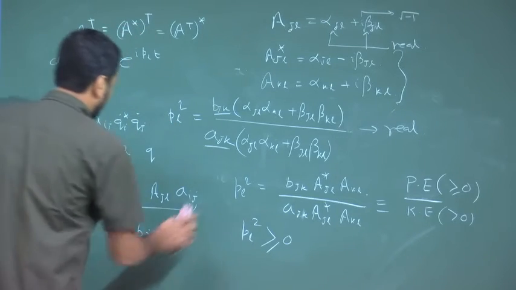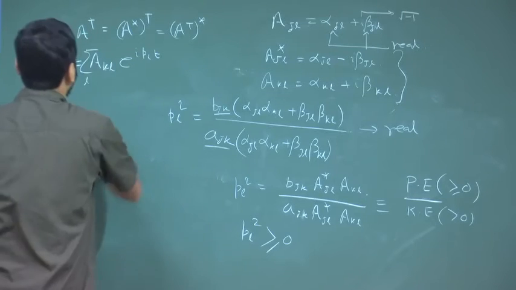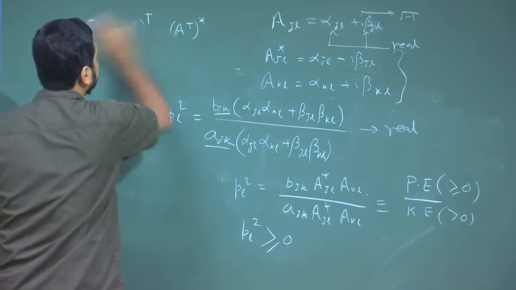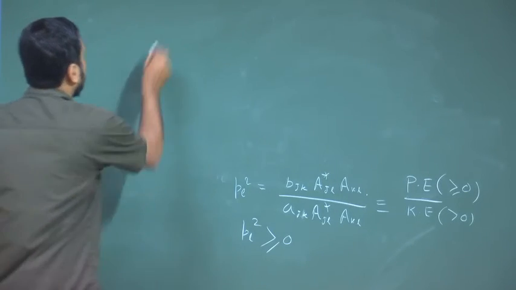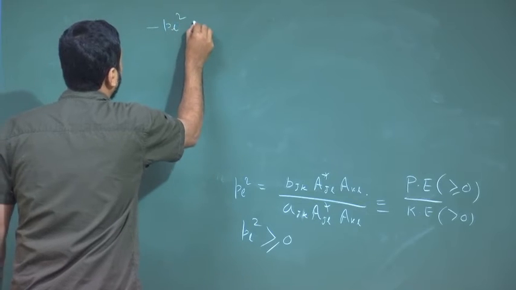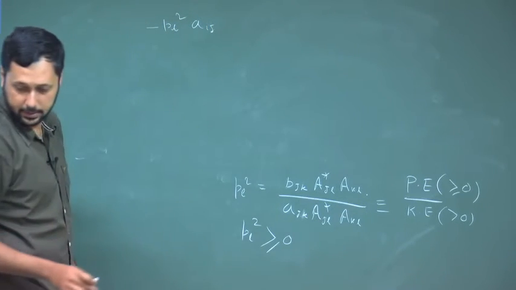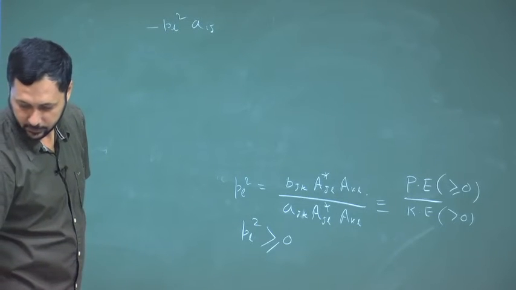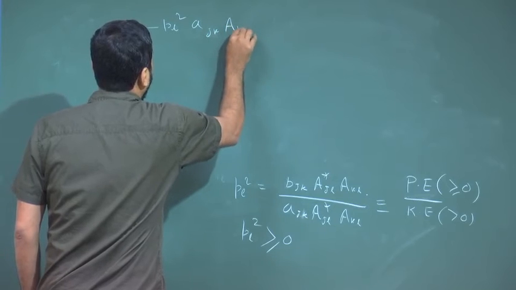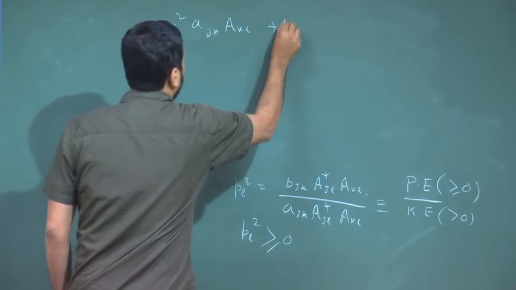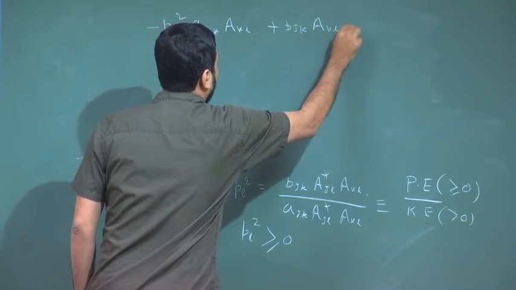Now, once again we go back to this equation. Okay, so keep this in mind. Now, we go back to this equation, pl square Aij Akl plus Bjk Akl equal to 0.